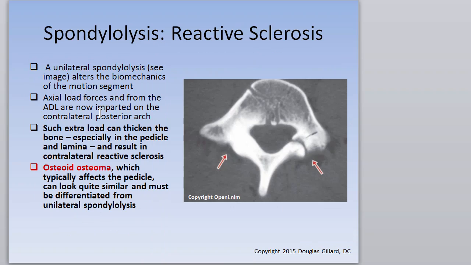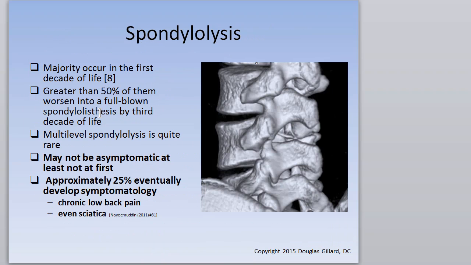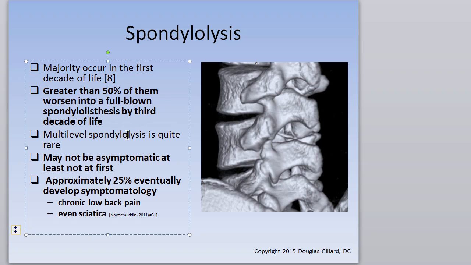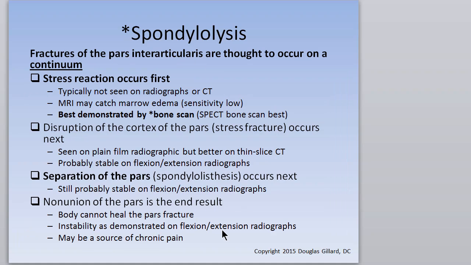Greater than 50% of them worsen into a full-blown spondylolisthesis. That's a big number. 50% of them, the ones caught. That's from that Fredrickson Butler study. So study these set of slides here. I'm hitting spondylos very hard in this test.